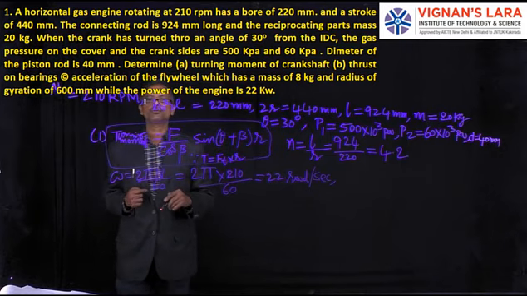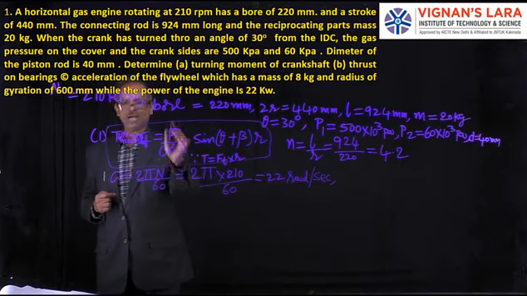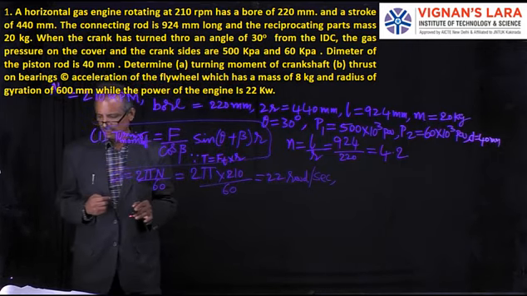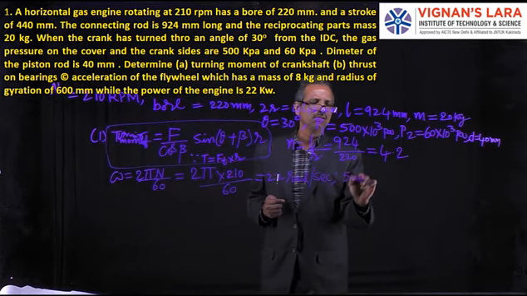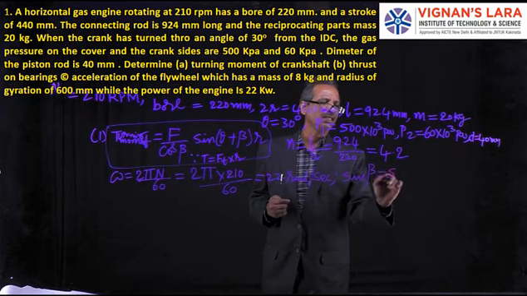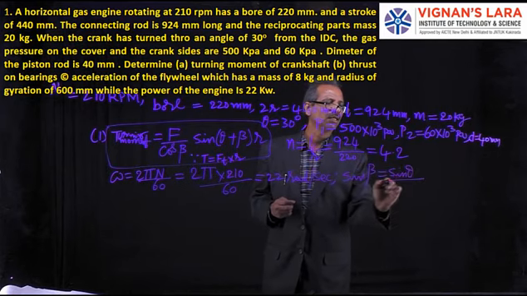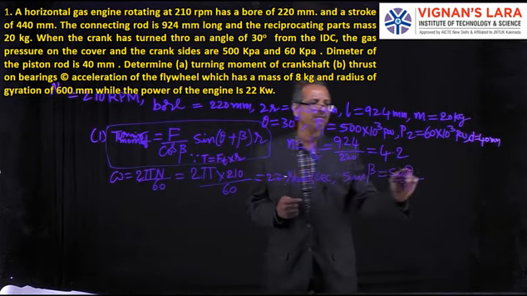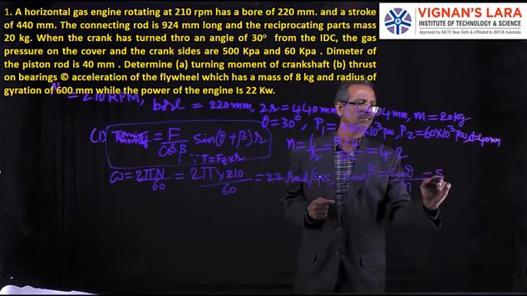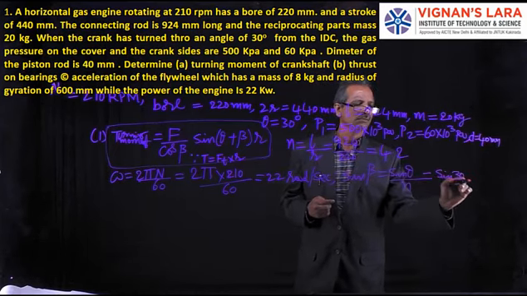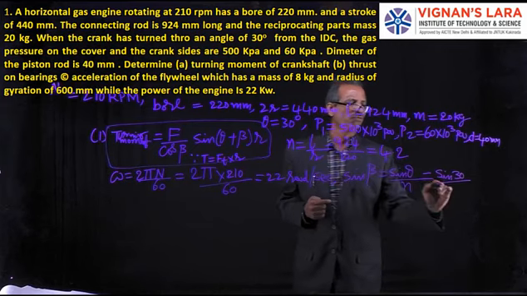And what is the next part? We need beta and F. So what is beta? We know sin beta is equal to sin theta by n. Theta is already given, n is known, that is sin 30 by 4.2.